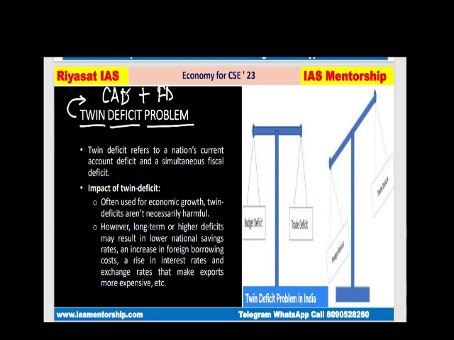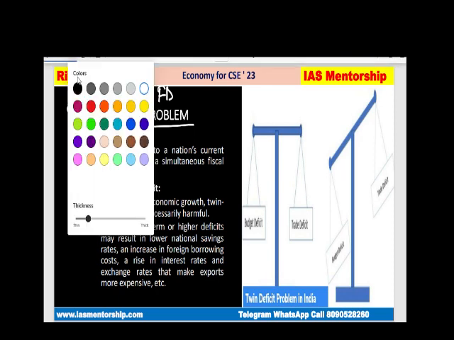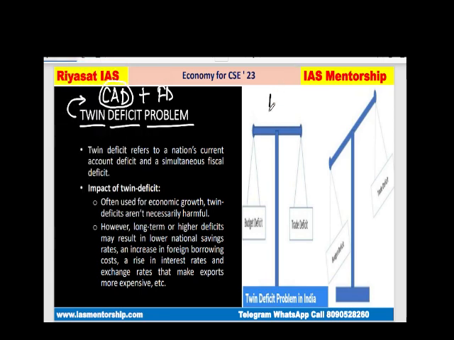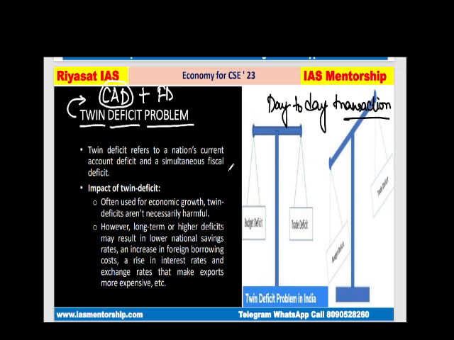Now understand one thing. What do you mean by current account deficit? All the day-to-day transactions which are happening, what all the Government of India is doing, whether it be import, export, remittances, inflow of money from outside, that comes into your current account.